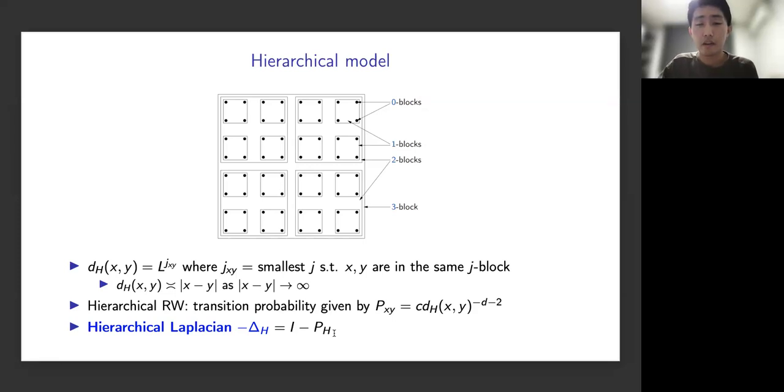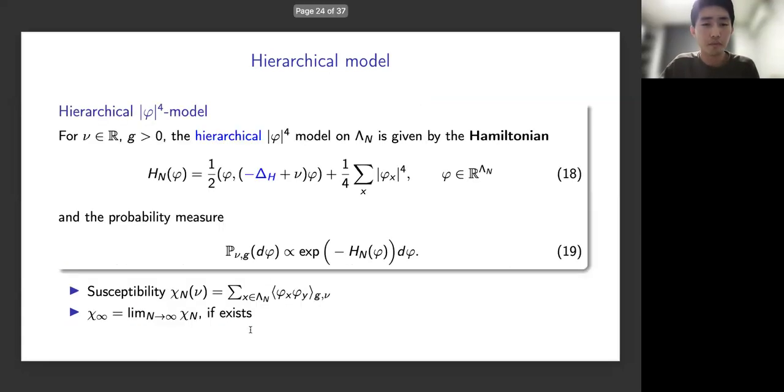At first sight, this definition of the hierarchical Laplacian may look very weird. However, if you think about the Green's function of this hierarchical Laplacian, it has the same rate of decay as the Green's function for the usual Laplacian. So you can expect that the hierarchical model also shows the same type of critical behaviors as the usual phi-4 model.